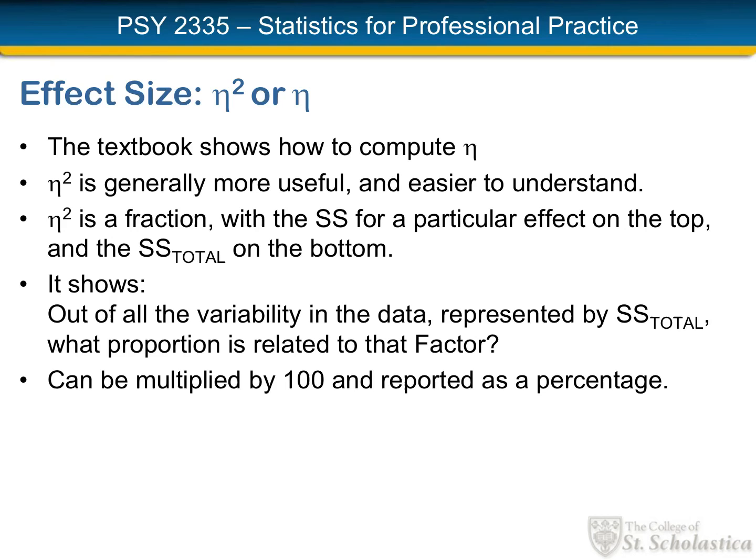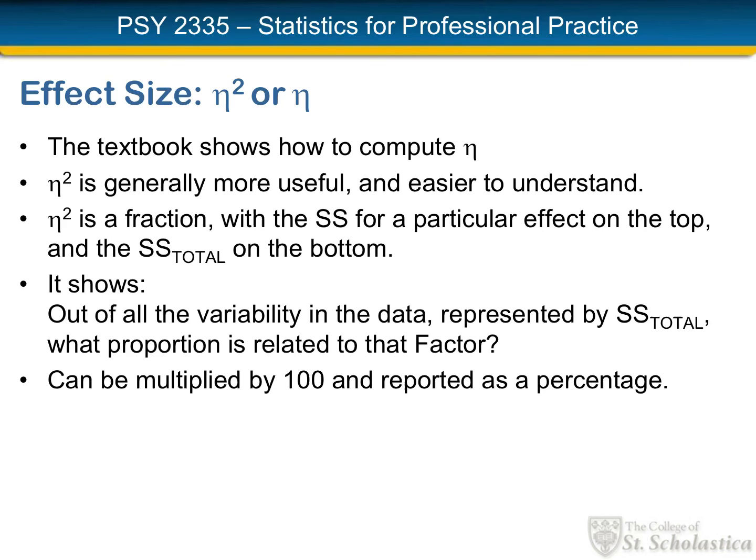But in fact, eta squared is a more useful statistic, and you'll find that in the equation in the textbook, it's showing you a square root of something, and the something is eta squared. In this situation, I'm going to show you how to compute eta squared. If we put a square root around it, we'd be computing eta just like the textbook.